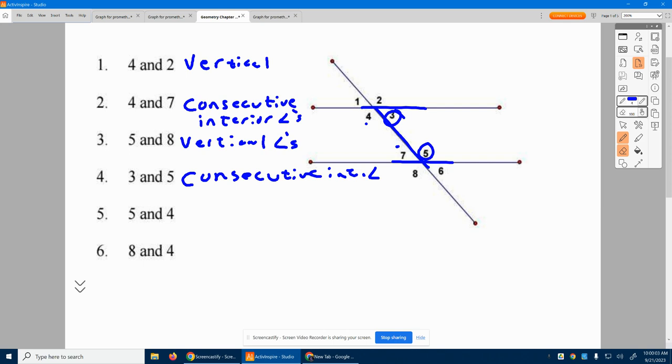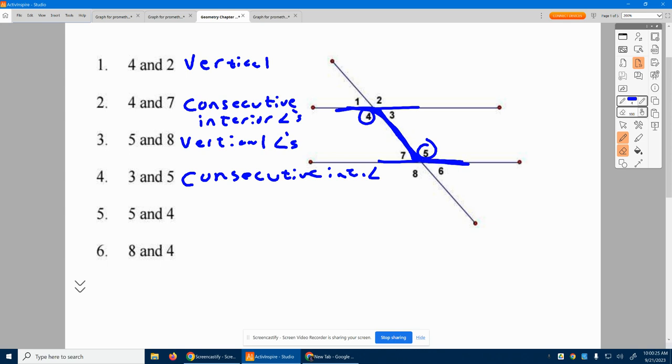Okay. Now, let's go ahead and, again, clean up a little bit here. Next is 5 and 4. Oh, you and I, when we have these interiors, we love the old Z-Meister. Here's a Z-Meister like this. 3 and 7 will be equal. But also you have Z-Meisters going like that, sort of weird Z's.